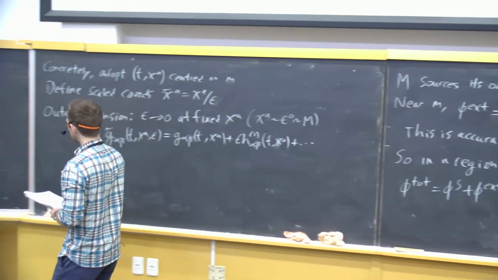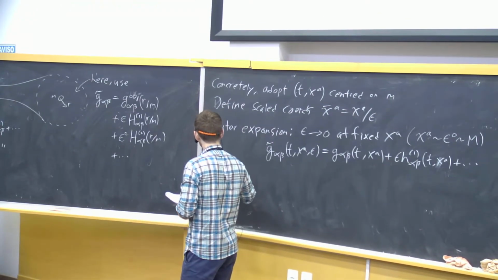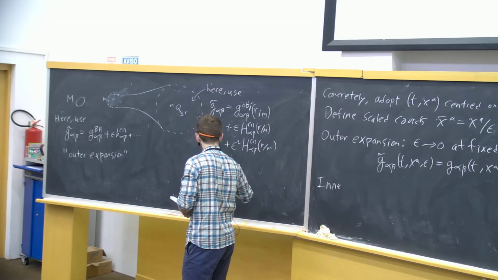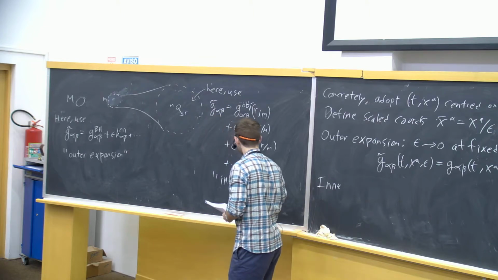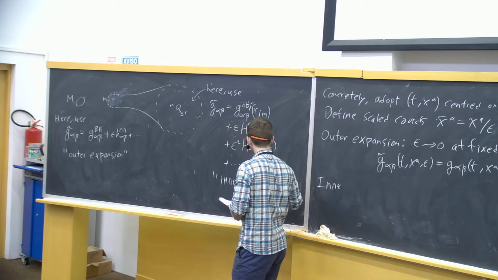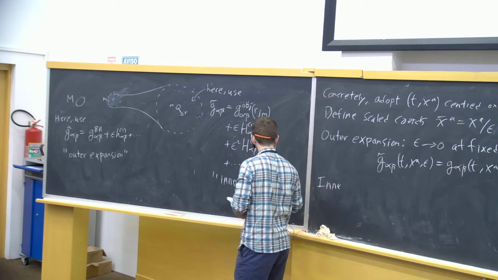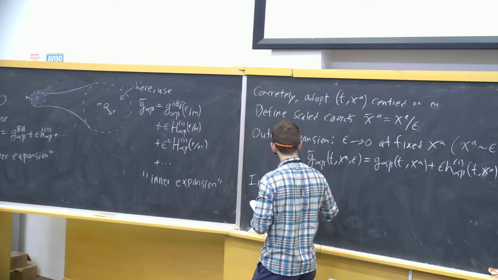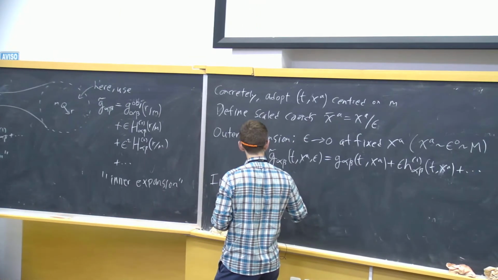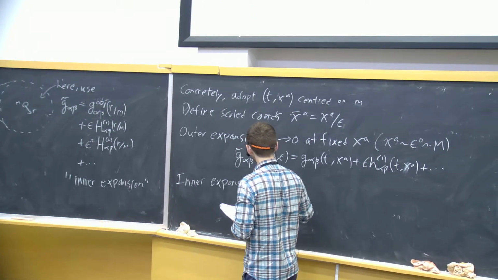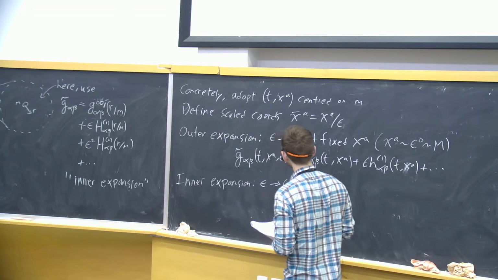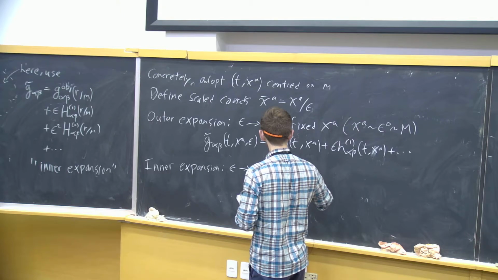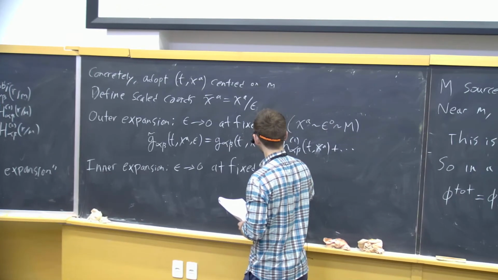The inner expansion, did I label this? So, yeah, this over here is the inner expansion. So this is an expansion for small epsilon at fixed scaled distances. So at fixed x bar a.